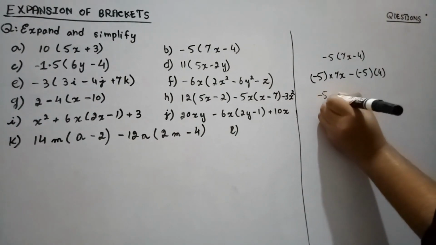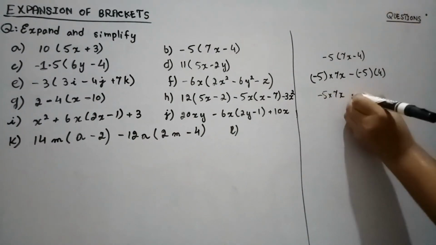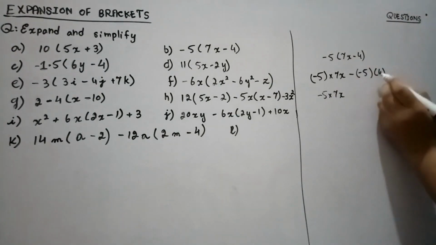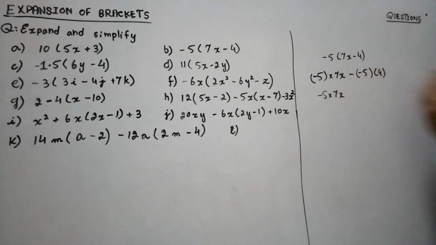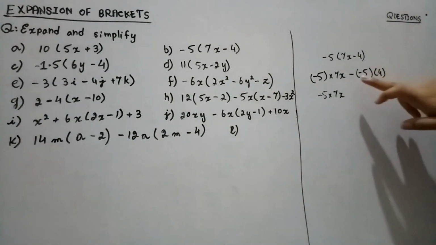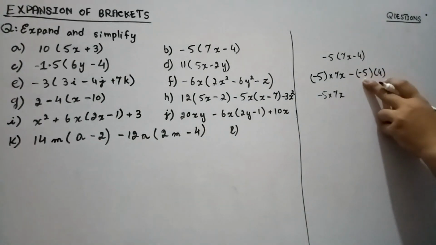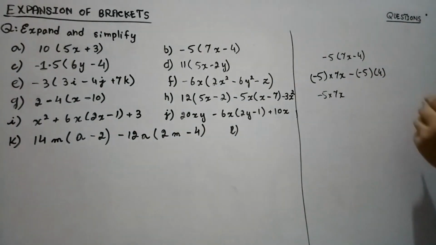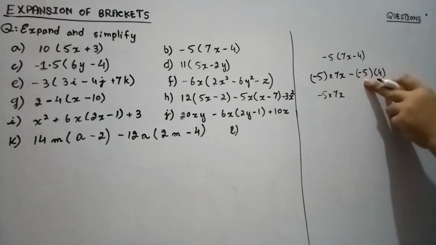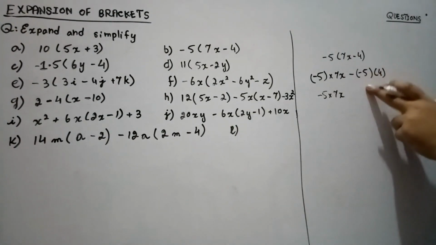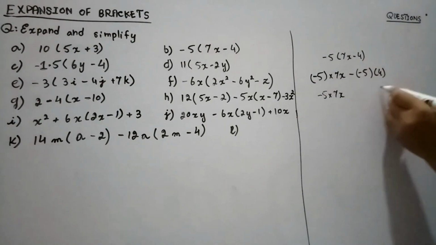Now here we have a negative 5, which is going to multiply by 7x. And here you can see this negative sign and this negative sign. This negative sign is going to multiply by the negative 5 and 4, since these are in brackets.